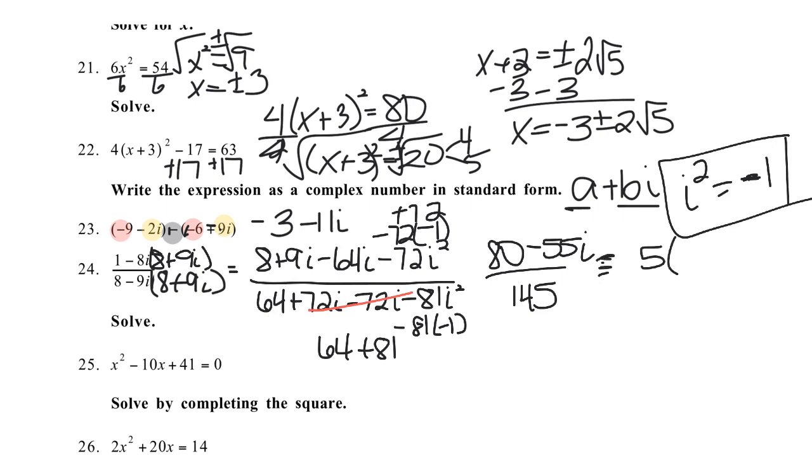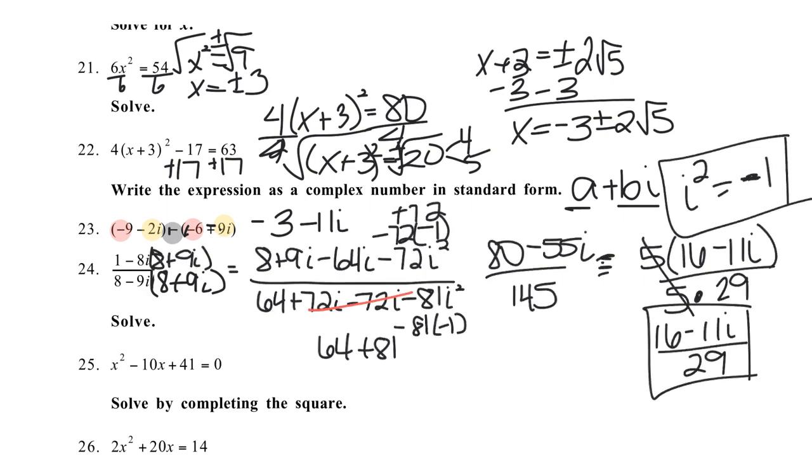So we have 5 times 16 minus 11i over 145. 145 is 5 times 29, and I can divide out the 5s. So 16 minus 11i divided by 29 is the final answer. And the other way to look at that is to just divide all 3 terms by 5. And you can only do that if all of them are divisible by the same number.